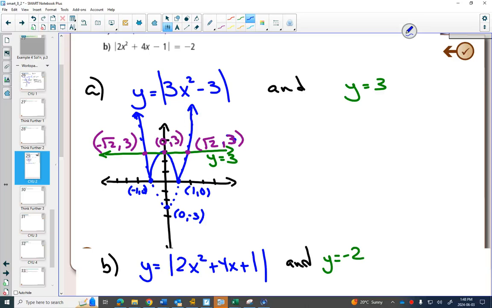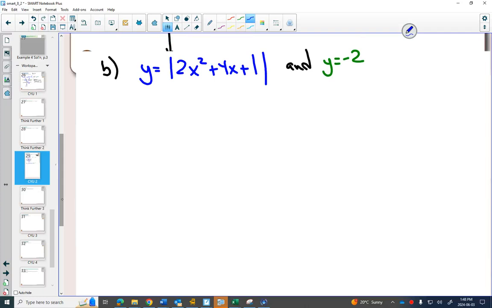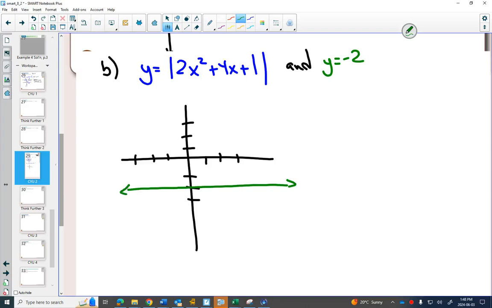So this is a little painful, because the green one's quite easy to graph. The green one's going to be right here at y equals negative 2. Can you see that the blue one is going to be a parabola where the bottom part gets flipped up? So it's going to be like that W again.